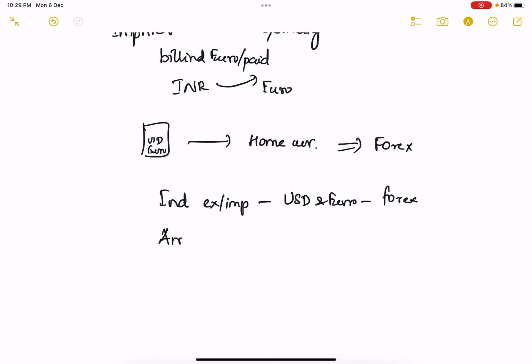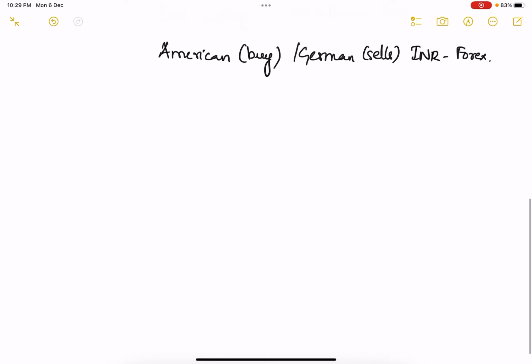Whereas for an American who buys goods from India or a German who sells capital goods to India, the Indian rupee will be considered as a foreign currency, thereby motivating foreign exchange. So I'm sure by now you would know what exactly foreign exchange is.